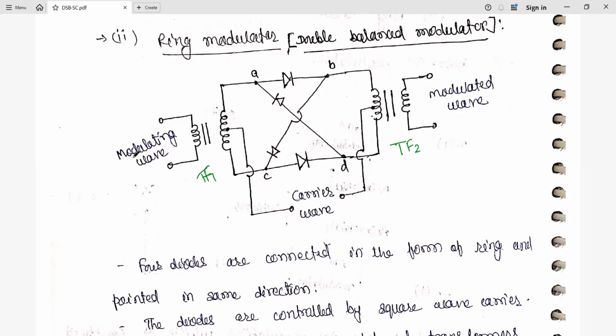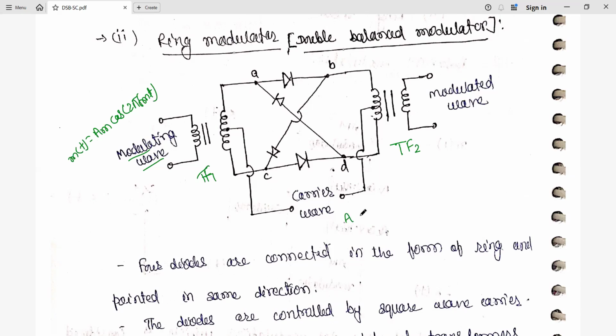The first transformer's primary winding has as input the modulating wave, which is our message signal. You can consider it as per convenience. Suppose we consider Am cos 2 pi fm t for the explanation. The carrier signal is given through the center tap transformer.